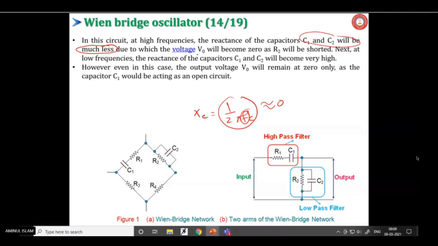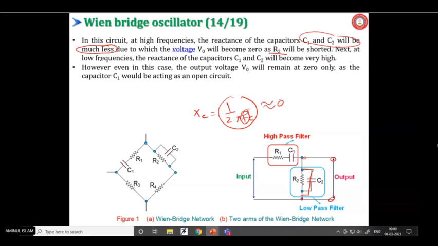Once it is shorted or zero reactance, this node is shorted by C2 because its reactance is very less, close to 0. So the output voltage will become 0 across R2 because it will be shorted by C2.